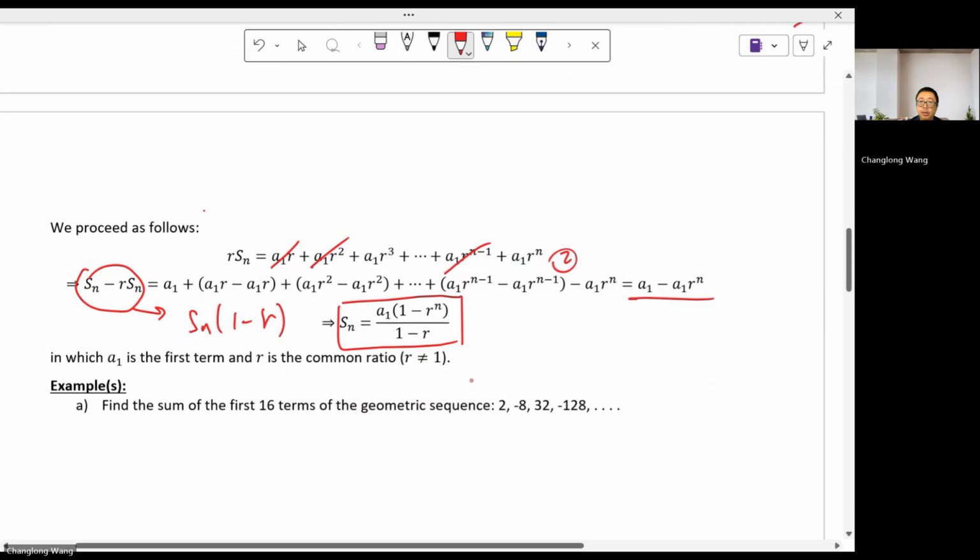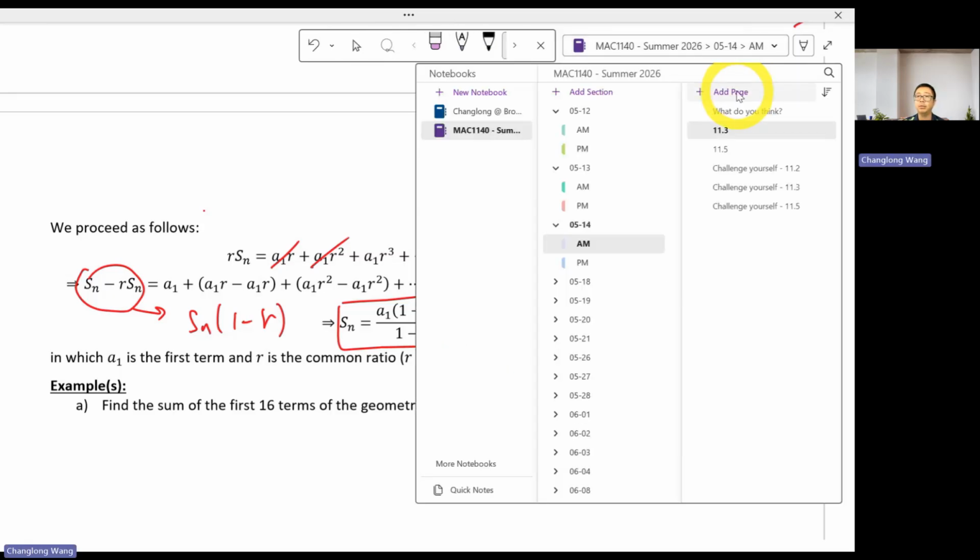But here's a little subtlety: the common ratio cannot be 1. Not that when the common ratio is 1 you don't get a geometric series. Sorry, I keep saying geometric series. You don't get a geometric sequence. So what if the common ratio is 1? Can you imagine a geometric sequence that has exactly 1 as its common ratio?